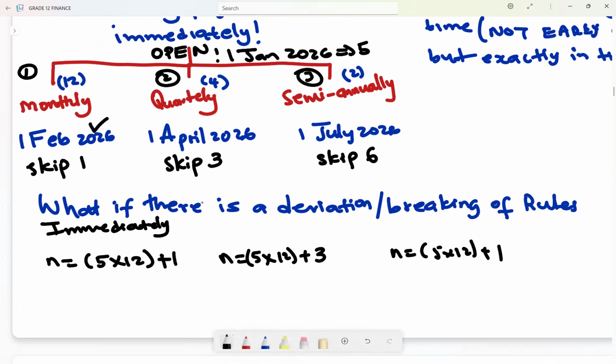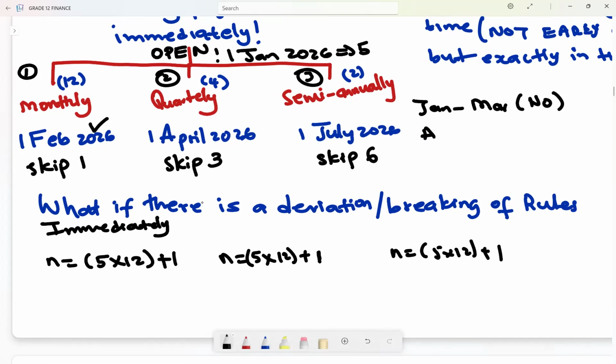Let me confirm something. On quarterly, we actually know that you're supposed to skip the first 3 months before making the payment that will accommodate the other 3 months. So we'll add one also here. Why? Because from January to March, you are supposed to make no payment.